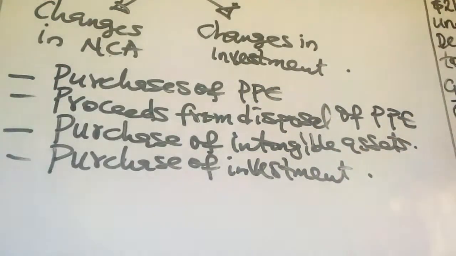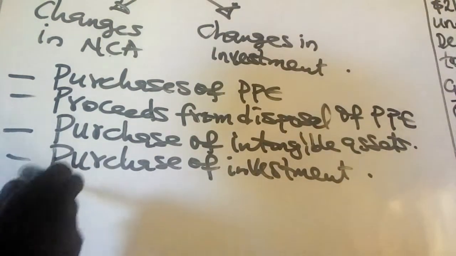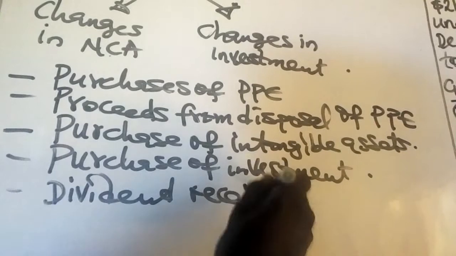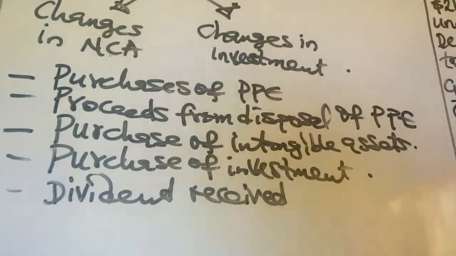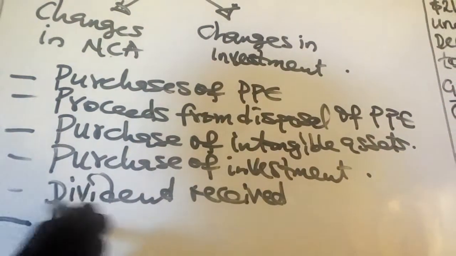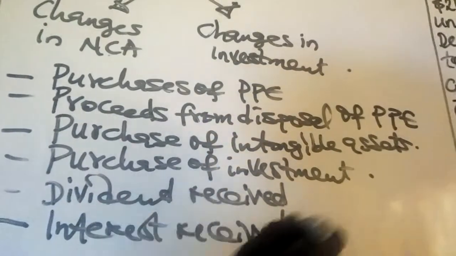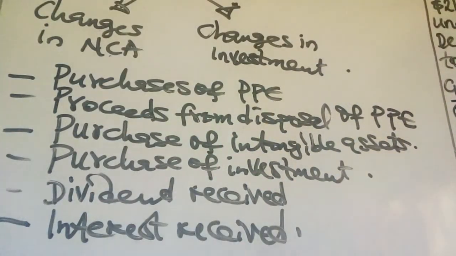Then from investment, you may have income from investment, in the form of dividend received. When you give out loans as an investment, you receive interest received on loan given out. Interest received is an investing activity.